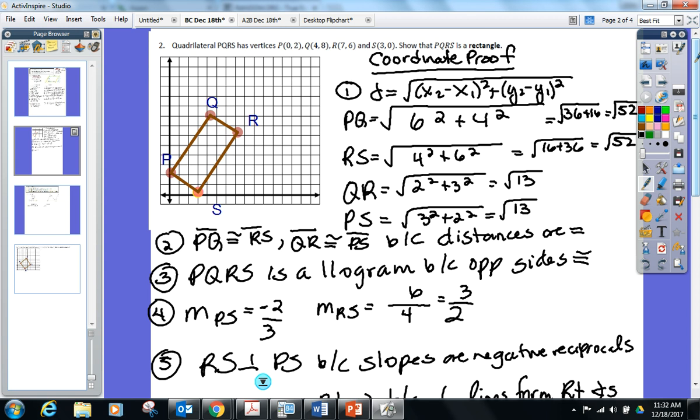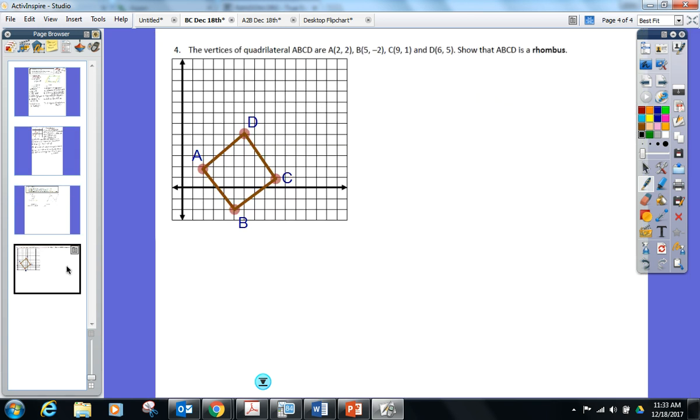All right, I'm going to skip over this proof here, and go right to the other coordinate proof, so we're all good to go here for tonight.